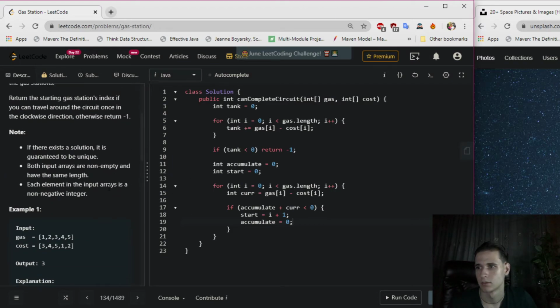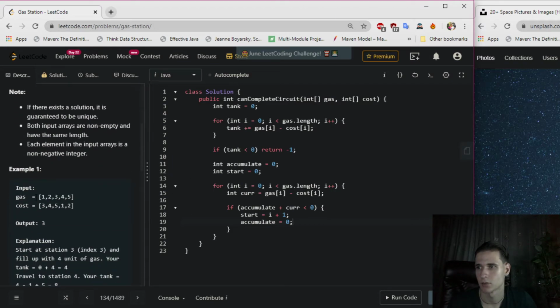Like here, we start 1 minus 3 is negative value. Accumulate is negative value. 2 minus 4 is negative. 3 minus 5 is negative. 4 minus 1 is positive.